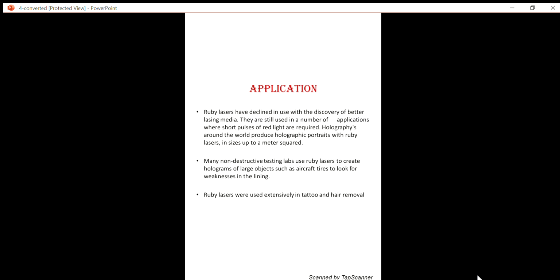Many non-destructive testing labs use ruby lasers to create holograms of large objects such as aircraft tires to look for weakness in the lining. Ruby lasers were used extensively in tattoo and hair removal.